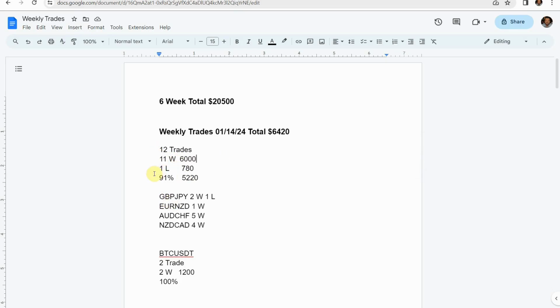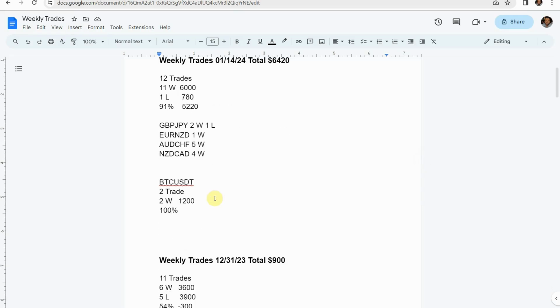We had 11 winning trades and 1 losing trade, putting us at a 91% win rate. A significantly decent win rate there. On the winning side, we would have gained $6,000. On the losing side, we'd have lost $780 for a total gain of $5,220. On the crypto coin, we had 2 trades, 2 winning trades, a 100% win rate with a gain of $1,200.